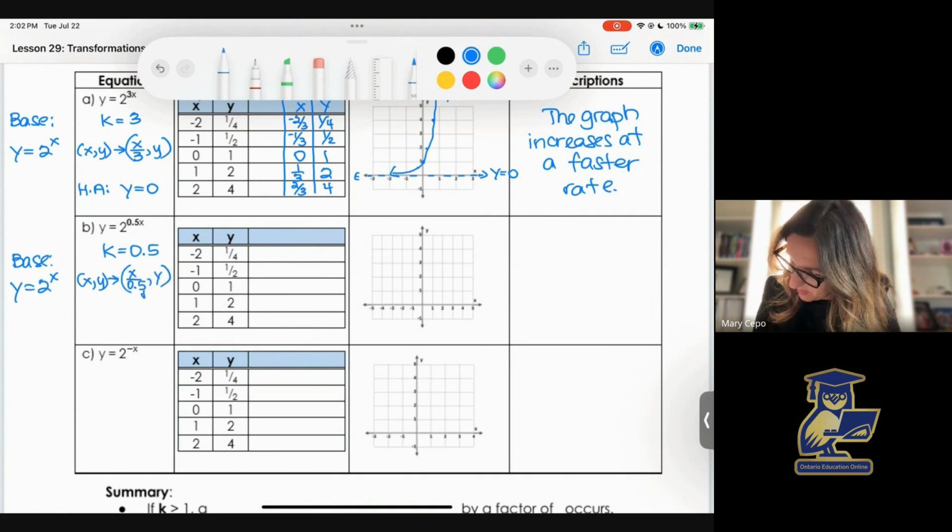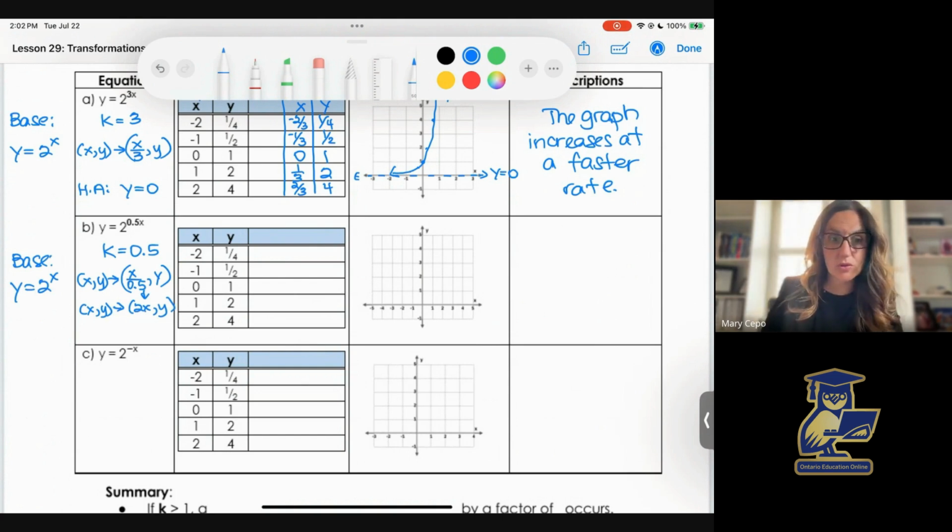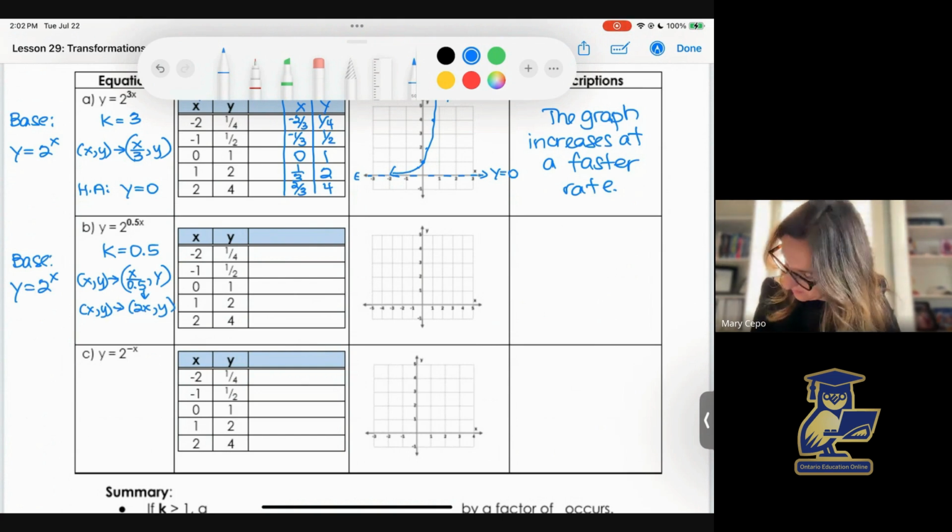We can simplify that, so it becomes 2x, because 1 divided by 0.5 is 2. It's easier and looks visually appealing when we don't have a fraction on a fraction. So y is equal to 2 to the power of 2x. The horizontal asymptote also has not changed. So again, this is our base function.